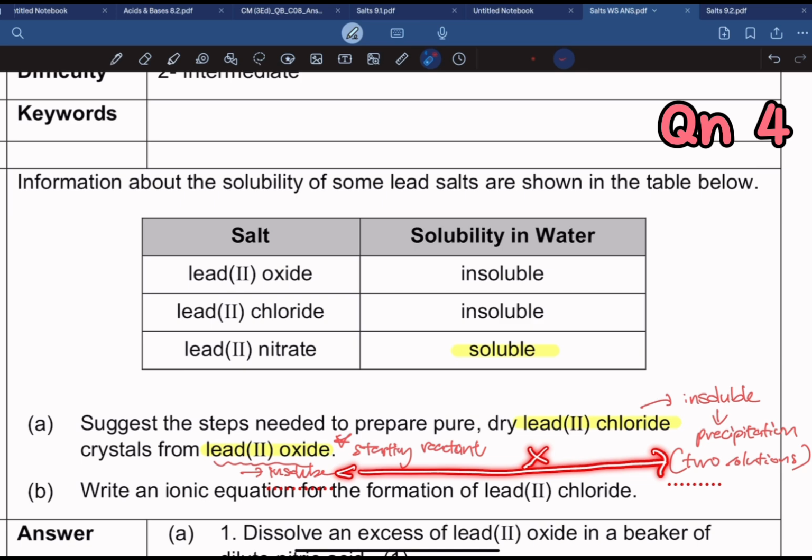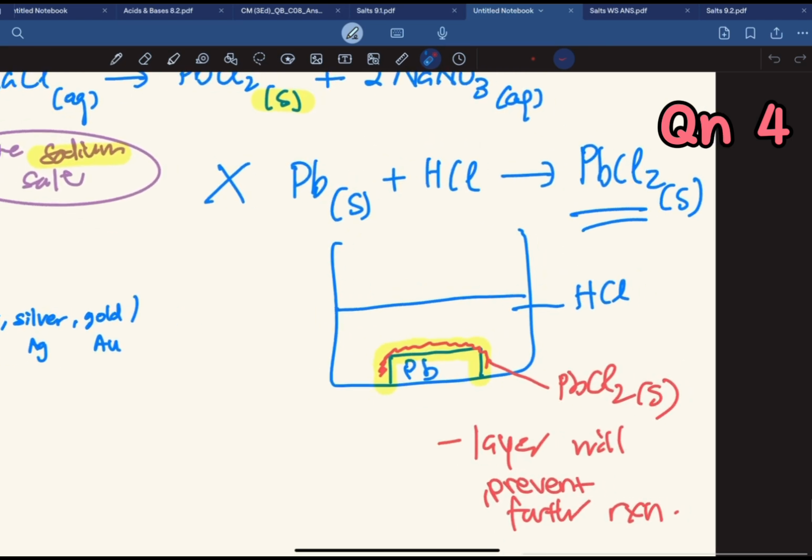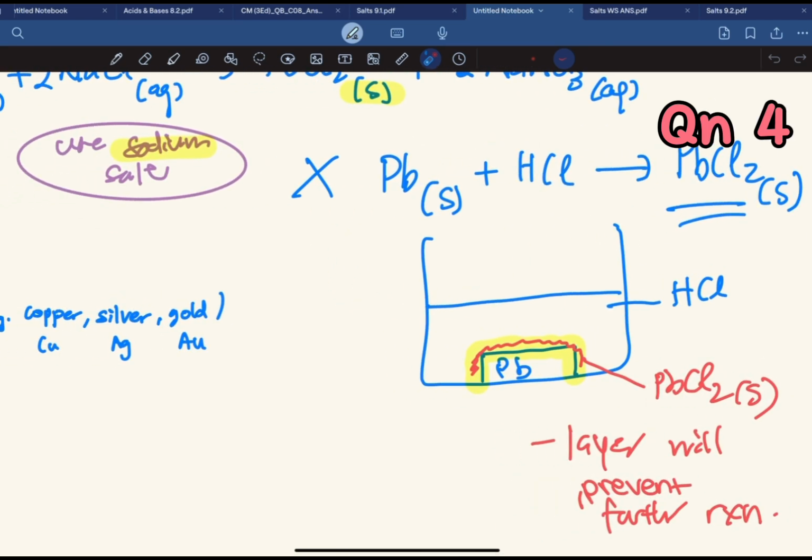So you cannot just simply add this oxide to an acid and say I can form my lead(II) chloride, because it does not match what we need for the method anymore. Okay, why is this not able to be done for this method? Simply because of this idea again, right? If we are going to use any solid, in this case, let's say we use lead(II) oxide here, right?